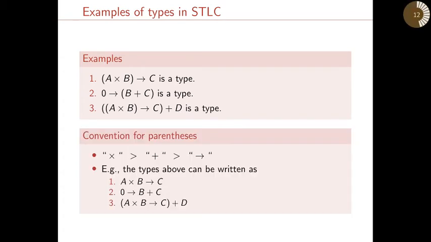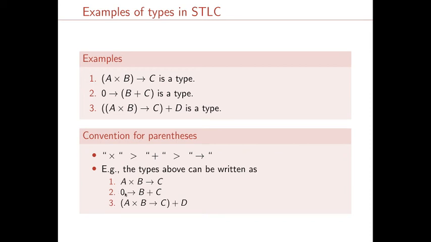To make writing types easier, we introduce a parsing convention. Namely, we say that the times construction binds more tightly than the plus construction, which in turn binds more tightly than the arrow construction. With this convention, we can omit some of the parentheses in these examples. For instance, we can write the first example as A times B arrow C without any parentheses, because by convention we put parentheses around the more tightly binding construction, which is the times.